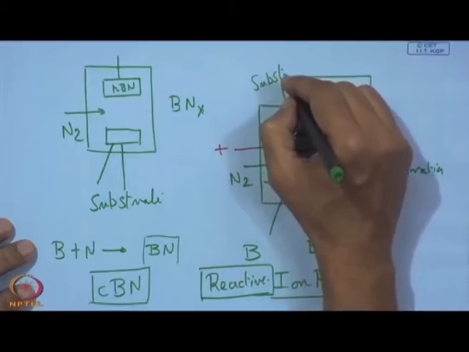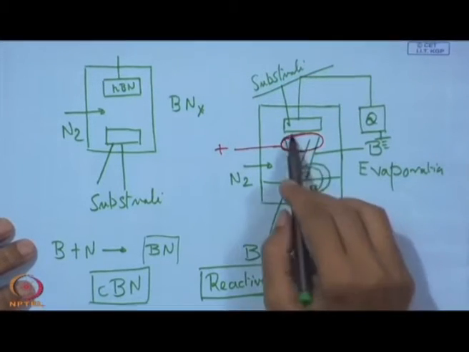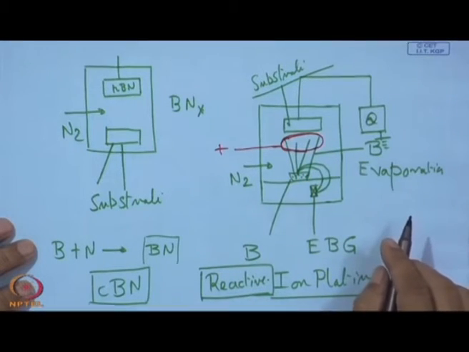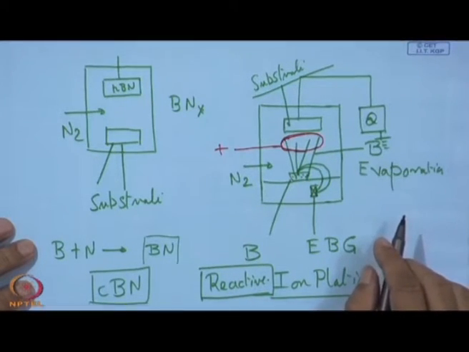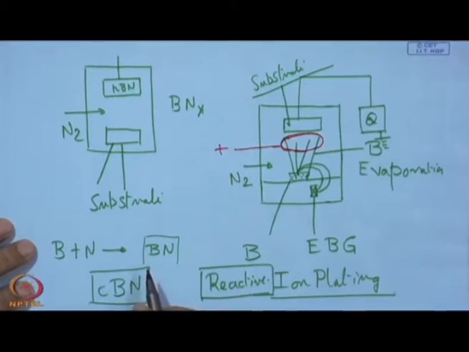So, this is the substrate, and that is why it has premature peeling. Because of this compressive stress it is very brittle. So, from a use point of view it was not that successful. However, it was possible to change this structure to the cubic form.